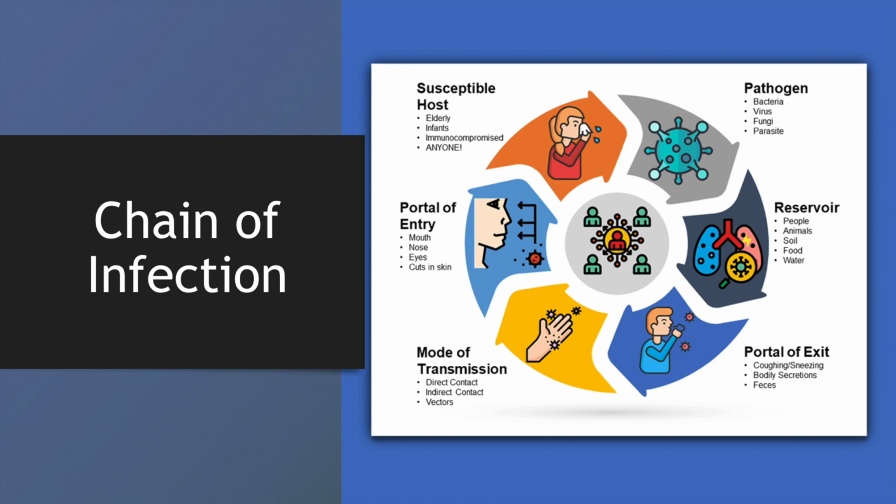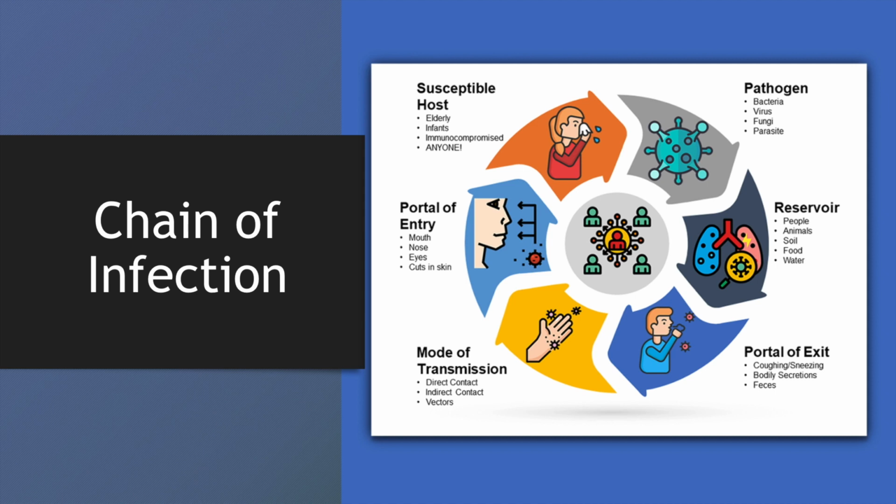Chain of infection. It starts off with the host. It can be an elderly person, an infant, anyone with their immune system low, or just anyone, which is infected by pathogens such as bacteria, virus, fungi, or parasite. The reservoir can be people, animals, soil, food, or water.